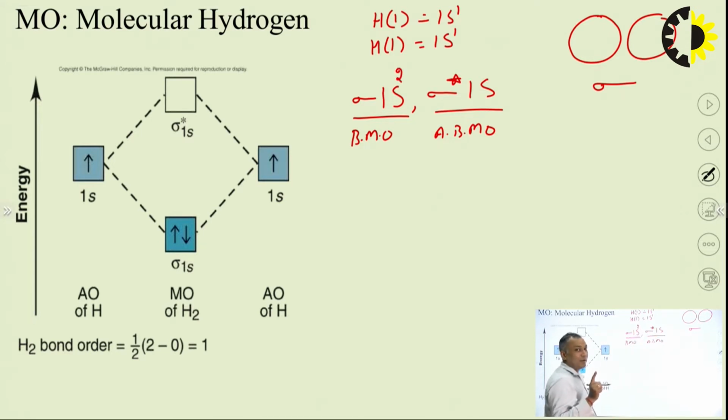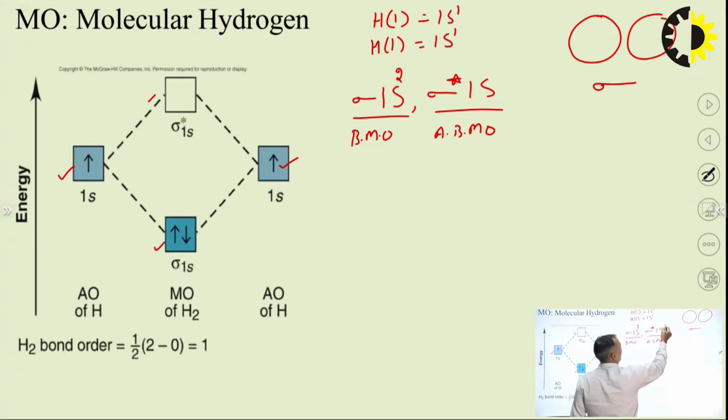And as per MO postulates, the number of atomic orbitals is equal to the number of molecular orbitals. So if there are 2 atomic orbitals, then there are 2 molecular orbitals.